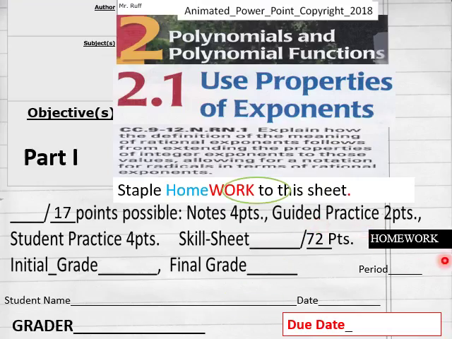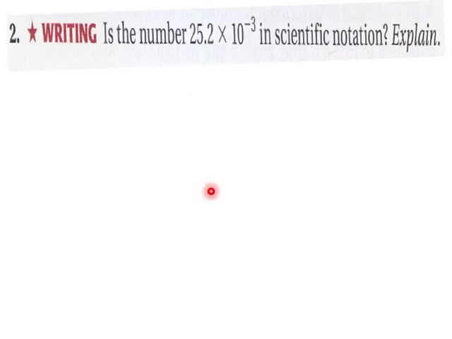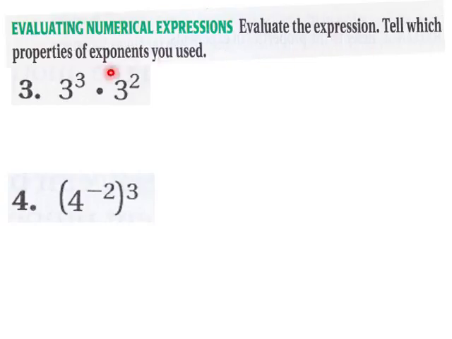Then we go into our homework here for 2.1. State the name of the property illustrated. So you need to know your exponent properties to do this. Write the number in scientific notation. Explain. So you need to know your definitions of scientific notation. Evaluate the expression. Tell which properties.